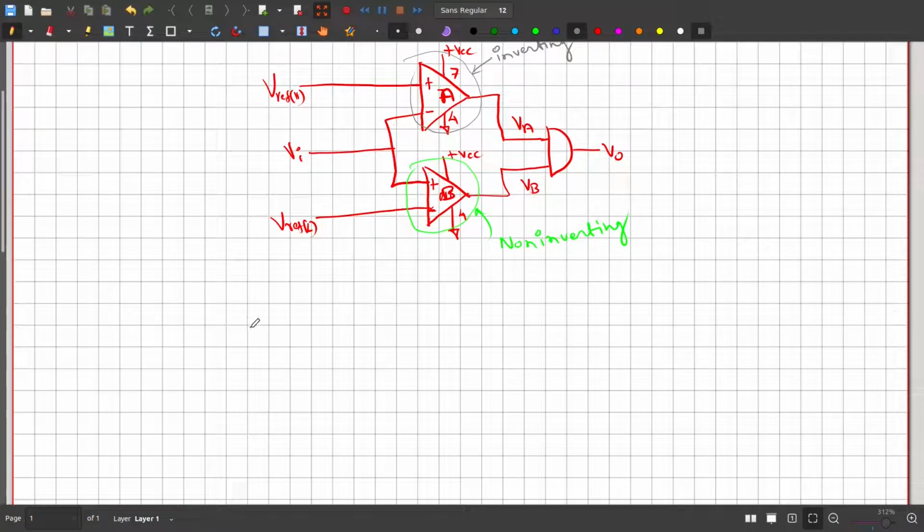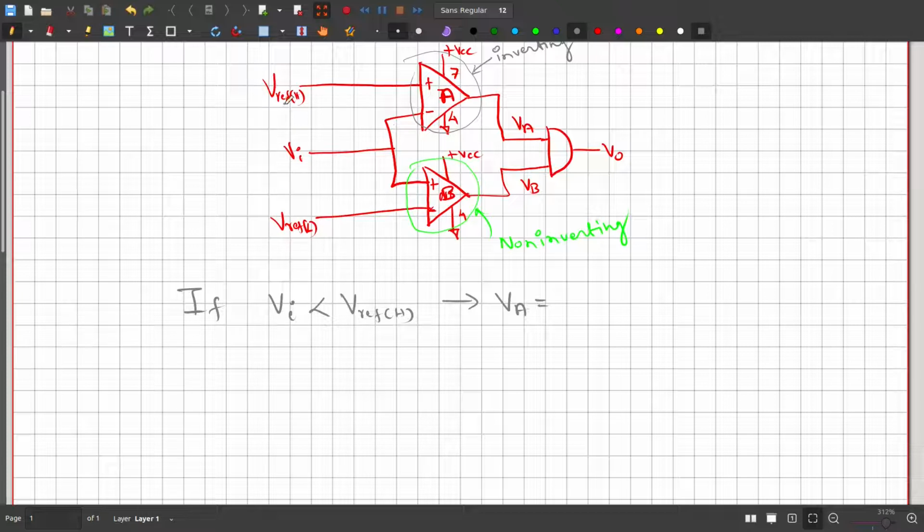If Vi, the input voltage, is less than V ref of H, then Va equals what we have when V ref is greater than Vi.